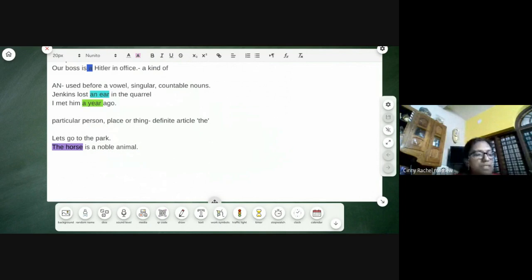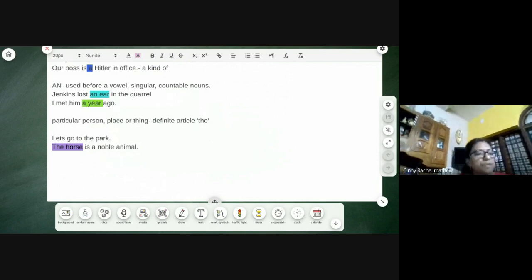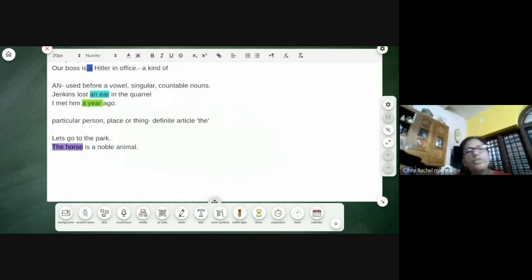So, it means something universal in a way. Any horse in any part of the world is noble. So, it means the class, the whole class of horses. So, this is another idea.